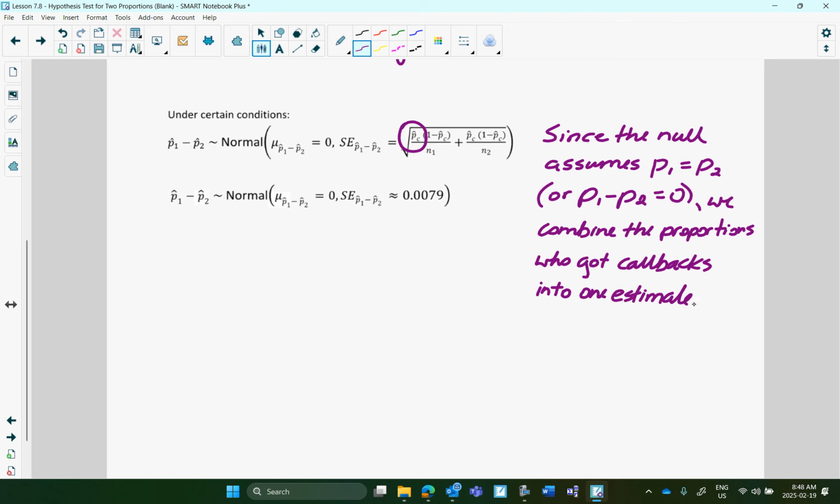And we call that p hat c, for p hat combined. So this is the combined proportion who got callbacks.